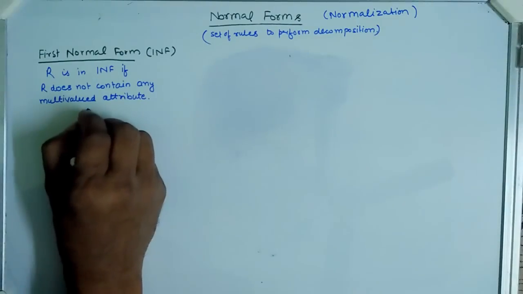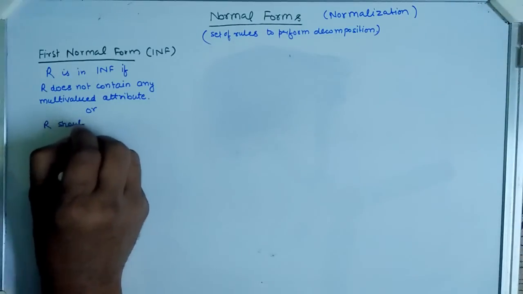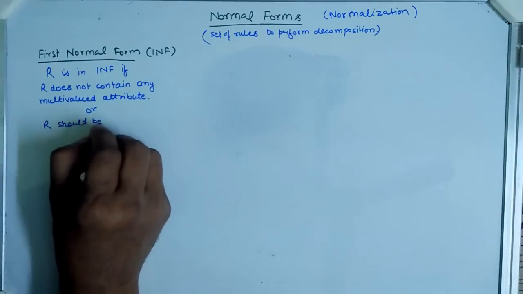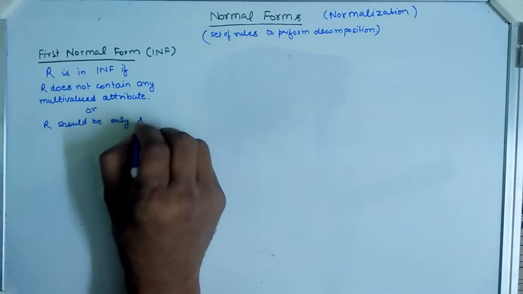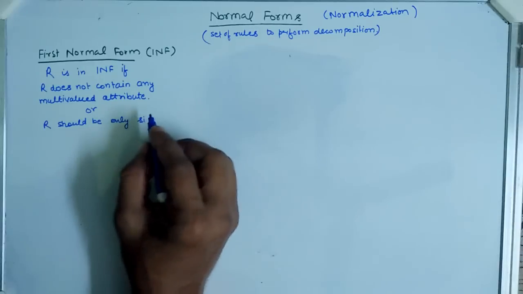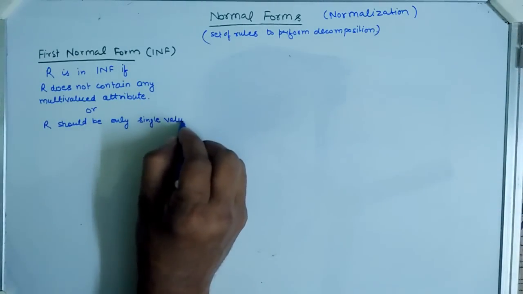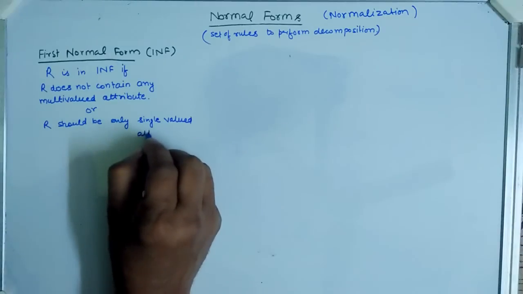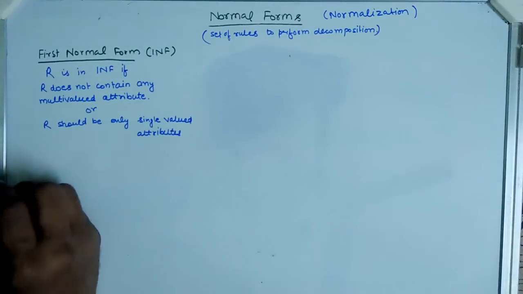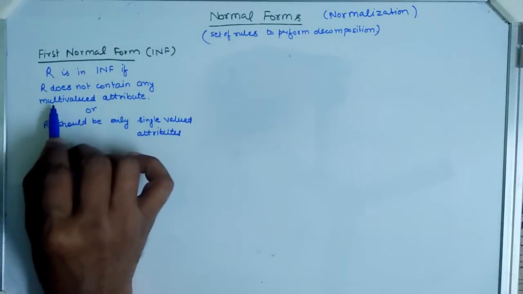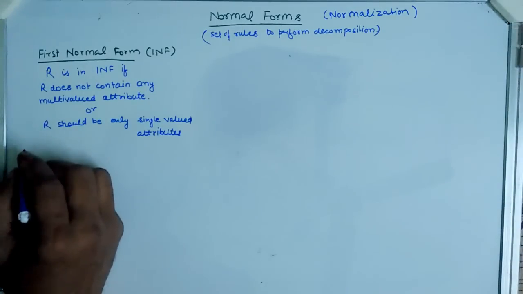Or we can say that R should contain only single valued attributes. Now, what is a multi-valued attribute? So let's take an example to understand this concept.